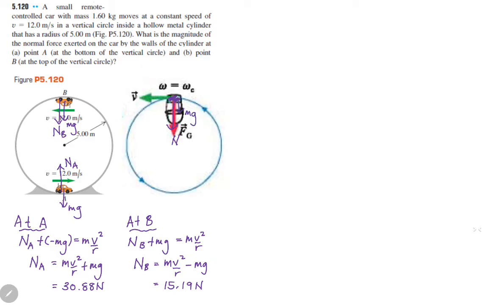If the normal force is greater than 0, then the water still stays in the bucket. So let's look at B. If your mass times V tangential squared over R is greater than mg, then you will still have a normal force that's greater than 0.